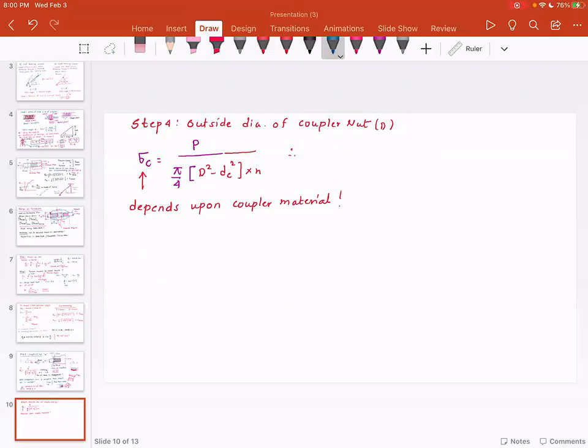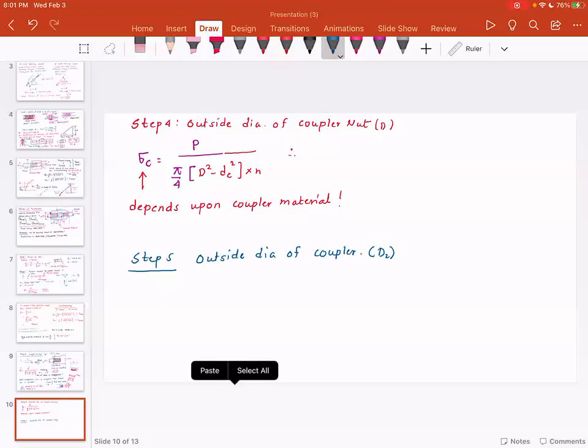Now the next step is I want to find out the outside diameter of the coupler. And this dimension is given as D2. And that equation you can look at the tension failure.